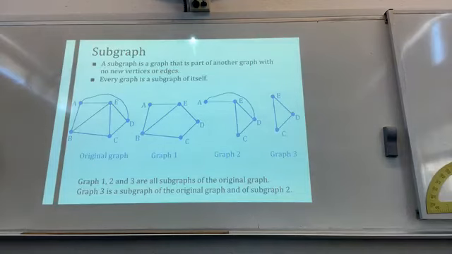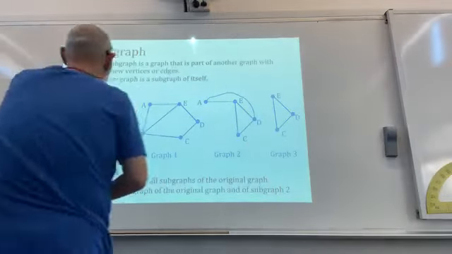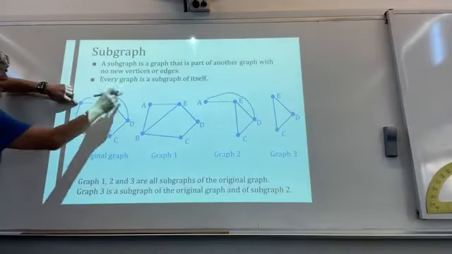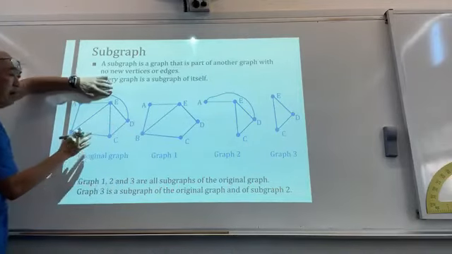Subgraph. A subgraph is a graph that is part of another graph with no new vertices or edges. Again, important definition, it has come out in the exam a few times. All right, so every graph is a subgraph of itself. And you can see that this is the original graph. And if I take away AD, this is a subgraph.